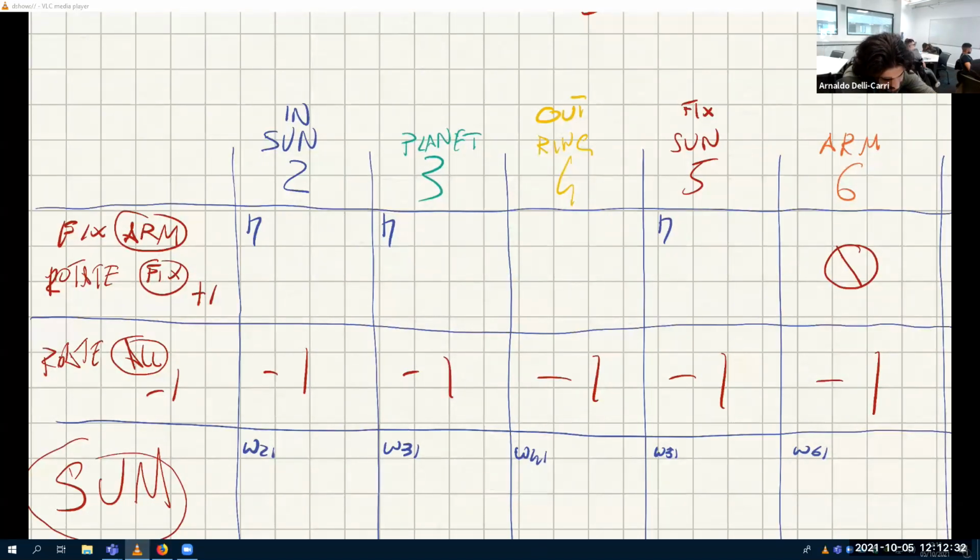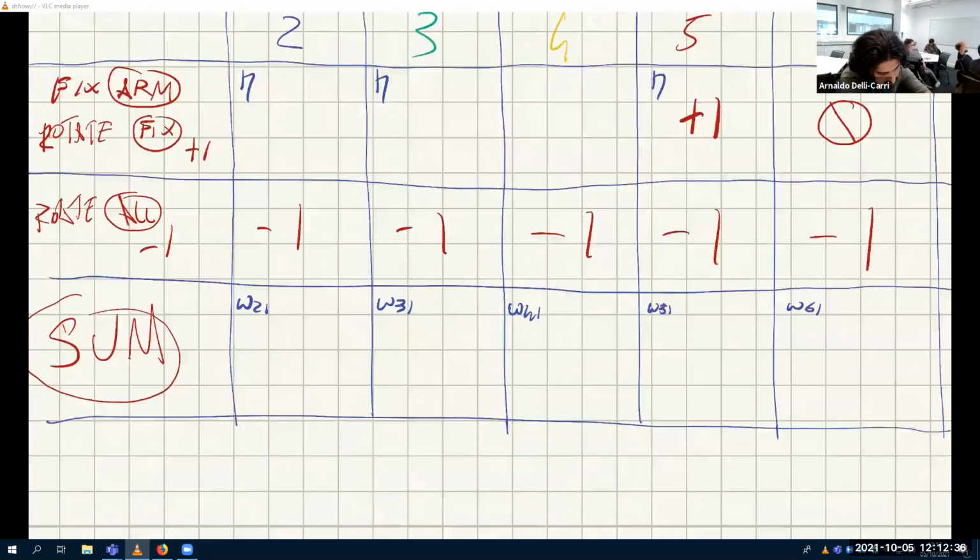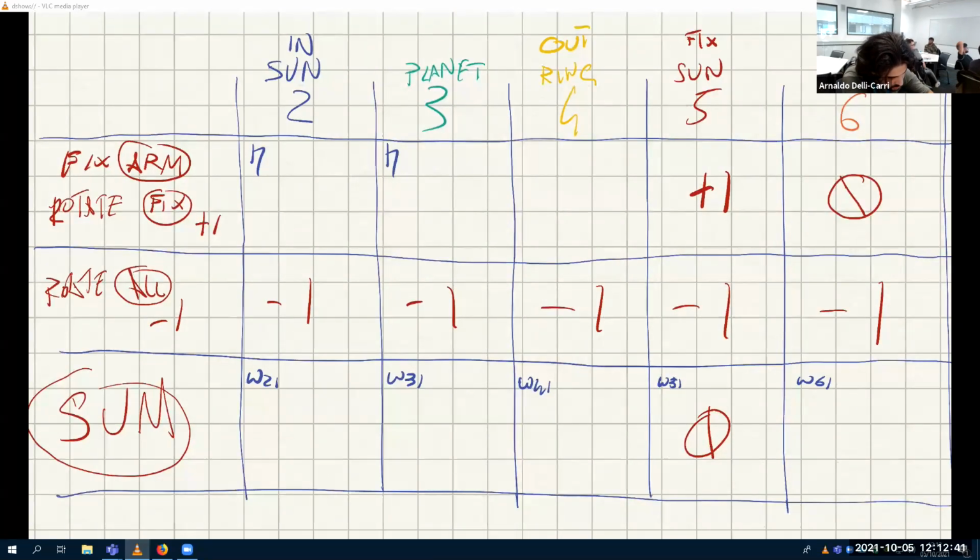Now what was fixed is this, so you get 0 here. But now these etas must change to eta 2,5, eta 3,5, eta 4,5. So just what happens to 2 when I rotate 5, what happens to 3 when I rotate 5, what happens to 4 when I rotate 5. Again, it's the same thing. You can do this at home, very easy.